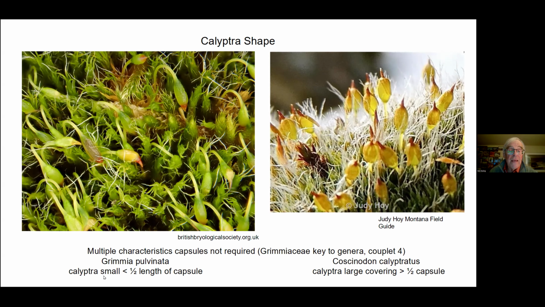In Grimmia pulvinata, the calyptra is described as being small, half of the length of the capsule, and you can see that here. Here's a good example of the calyptra being half of the length of the capsule. And in Schistidium, the calyptra is large, covering more than half of the capsule. So you can see that here. And this one's pretty easy to see.